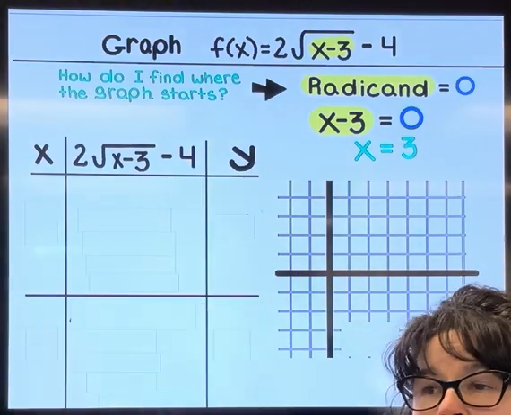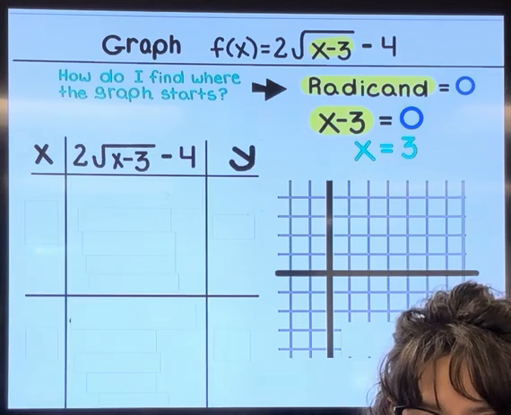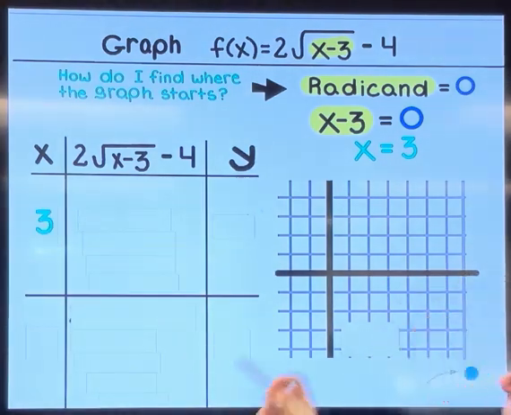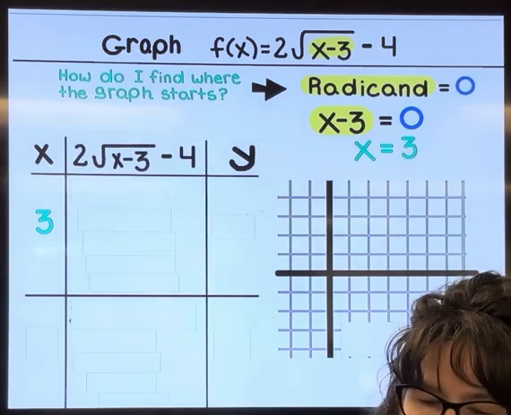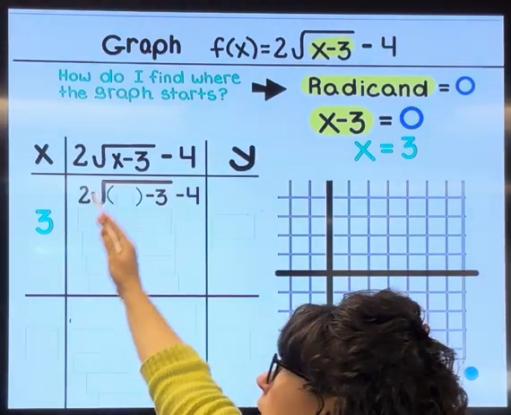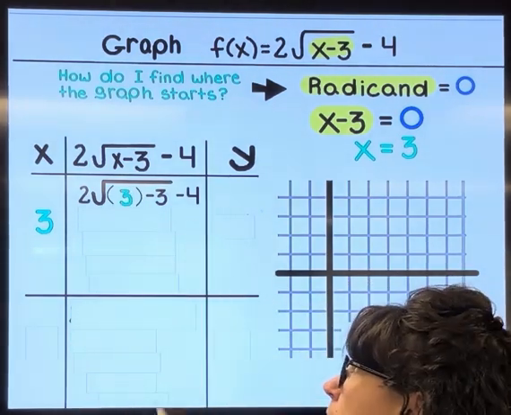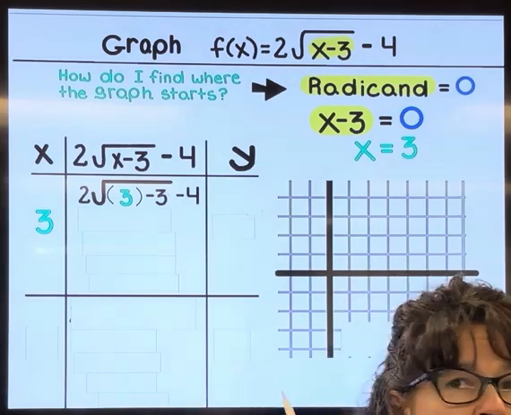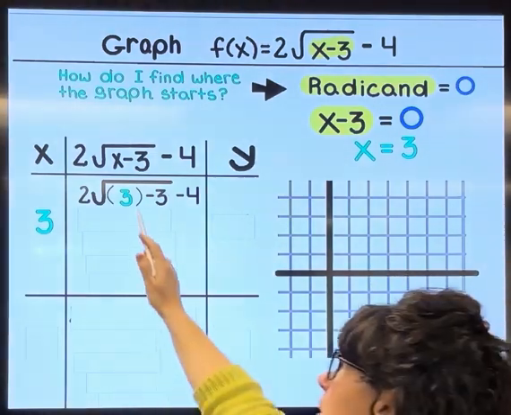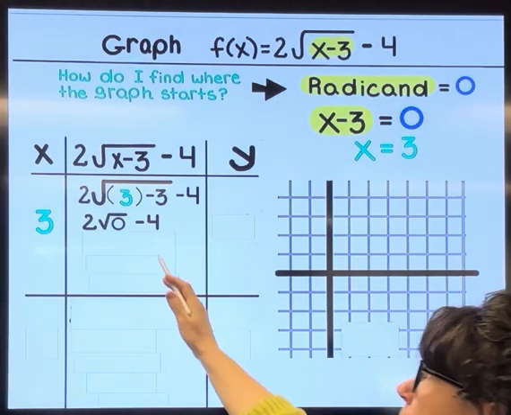So from there, now I'm just going to have a number, plug it in, get an answer, plot a point. Starting off with substituting in 3 into my equation. So I've left some space here to substitute 3. When you simplify, you want to do what's underneath the root first. So 3 minus 3 is under the root, and that becomes 0.